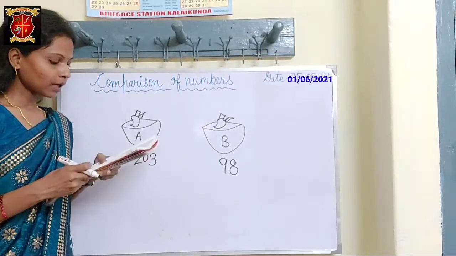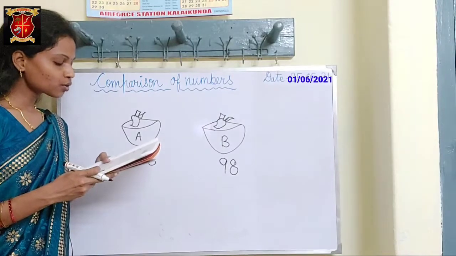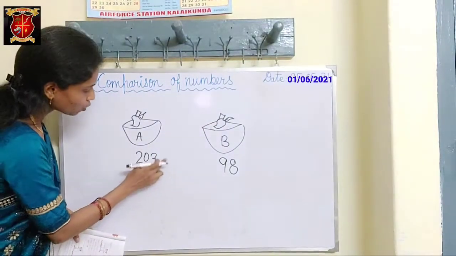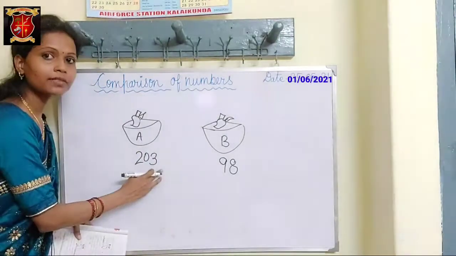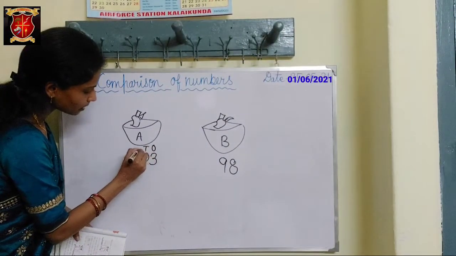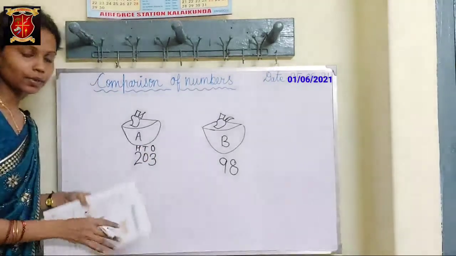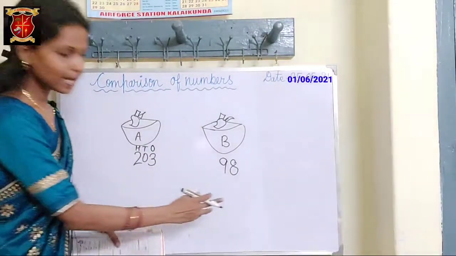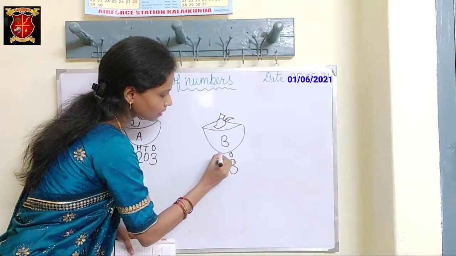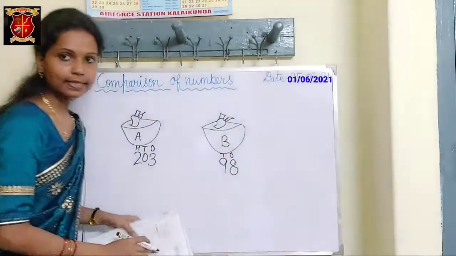Okay, now 203 has 3 digits. Now 203 has how many digits? 3 digits. Ones, tens, 100. And 98 has 2 digits. Ones and tens. Okay.